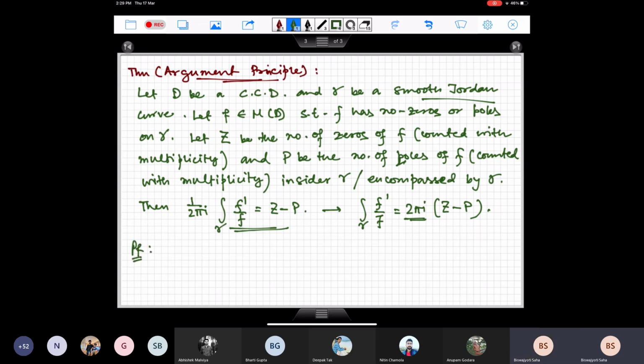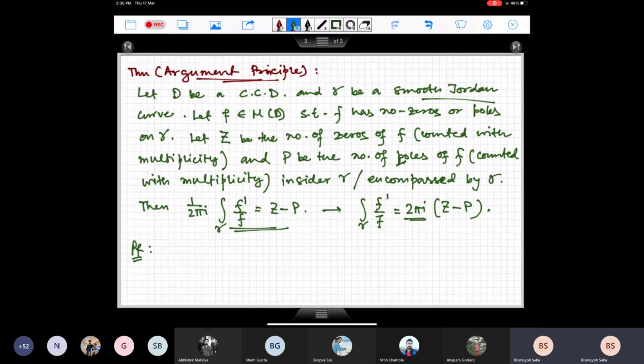Tell me on which function should I aim to apply my Cauchy residue theorem? Any guesses? Any function which is differentiable? No, no. In the context of the argument theorem, meaning the proof of the argument principle, for which function should I apply Cauchy residue theorem to get the proof? f prime by f.